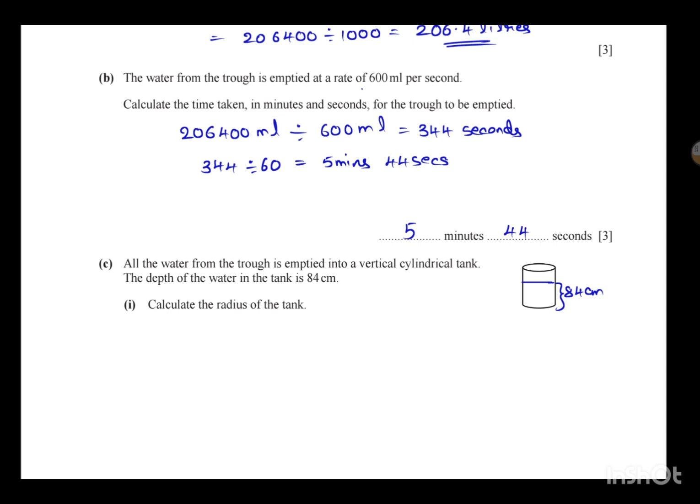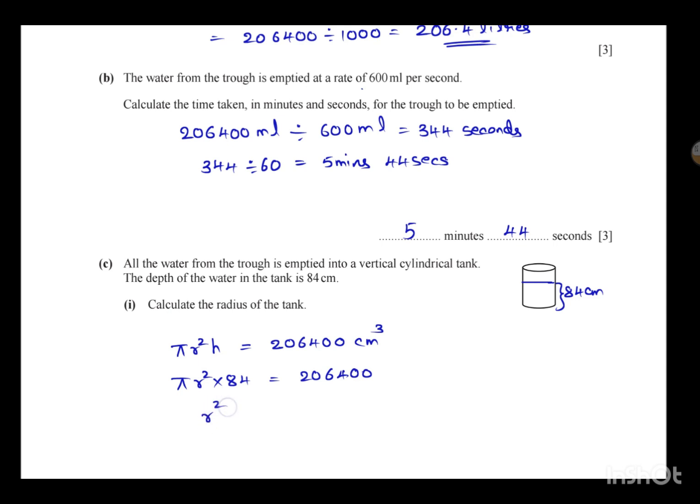So what is the volume of a cylinder? Volume of cylinder is pi r square h. Pi r square h is equal to 206,400 centimeter cube. Pi r square into 84 is equal to 206,400.